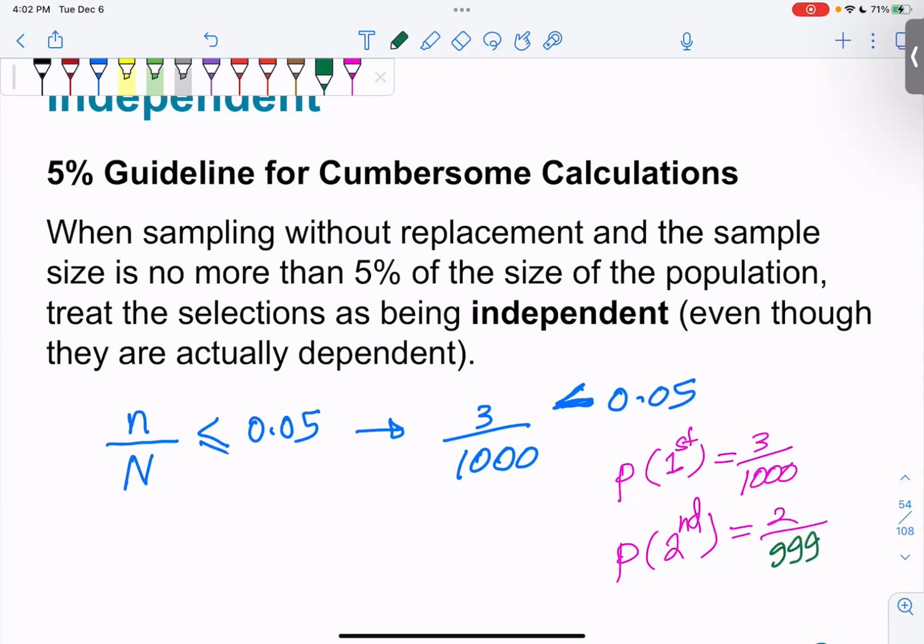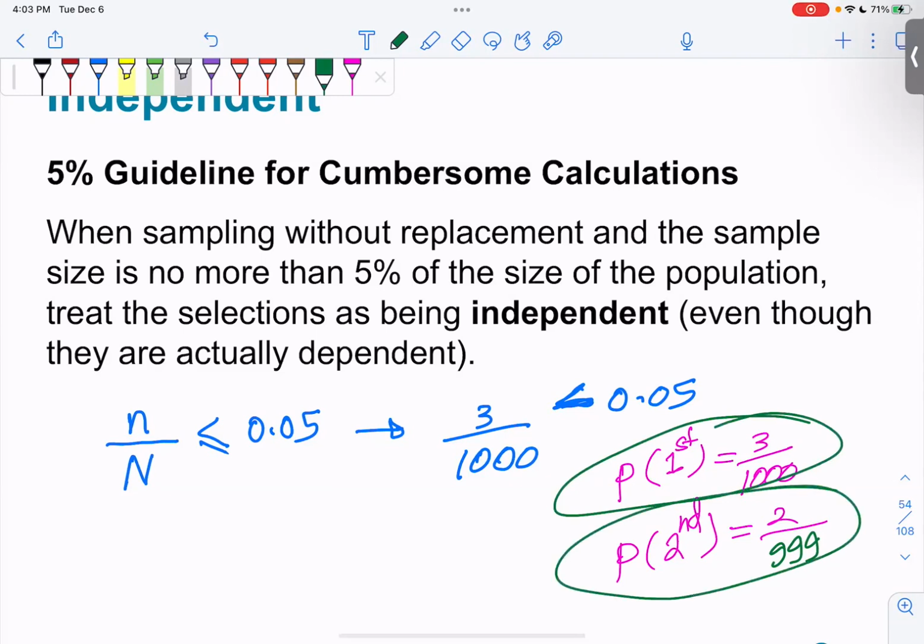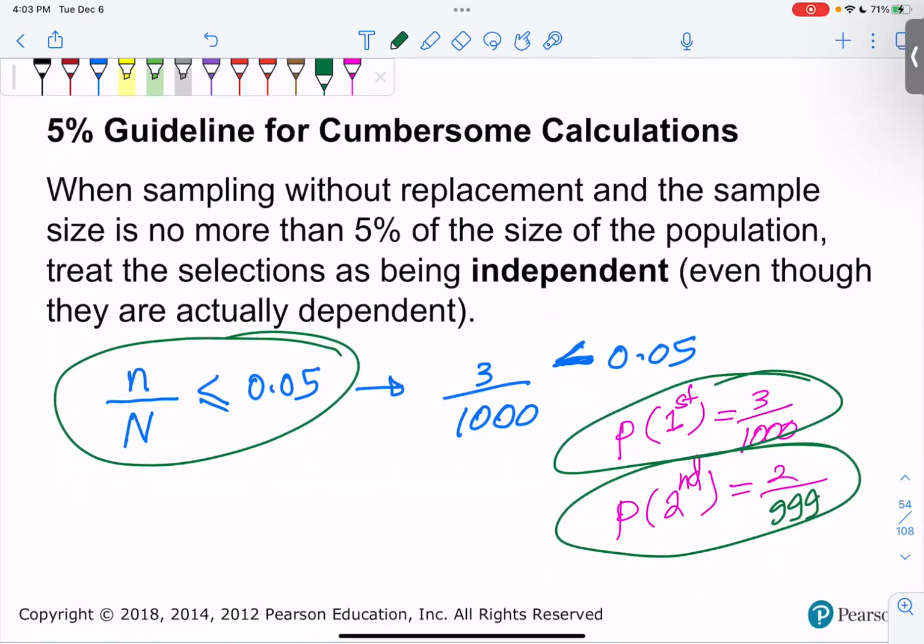Right? Which is almost the same. You see this value and this value are almost the same. It will not be a big deal if you divide by 100 or 99, for example. It's almost the same value. So at the end of the day, you will get almost the same probability whether you do it with replacement or without replacement. So if you have a very small sample size compared to the population size, then you can use the binomial distribution.